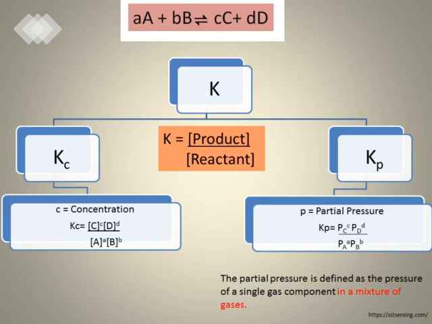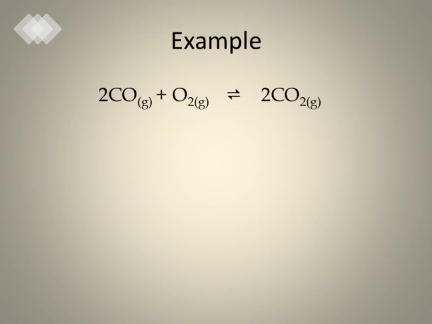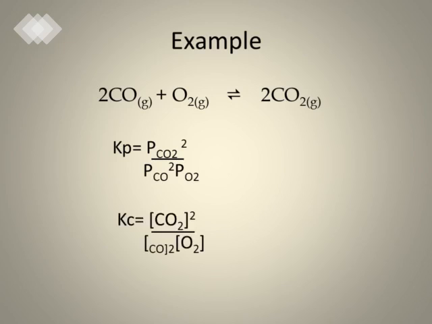Note that Kp is used when the reactants involve gases, but it can also be expressed in Kc. Example, for this equilibrium reaction involving gas, its equilibrium constant can be expressed as Kp or Kc.